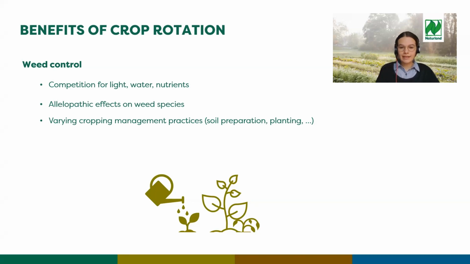And last, varying cropping management practices, for example soil preparation or planting, can influence the upcoming of weed seeds. And even though these findings are proven pretty much for field cultivation, their adaptability to greenhouse cultivation is not yet completely proven.